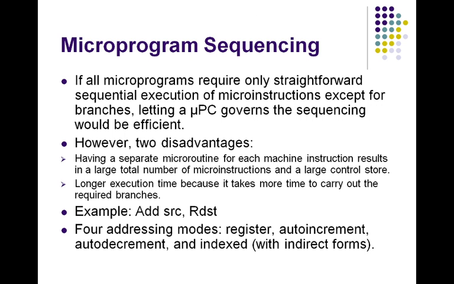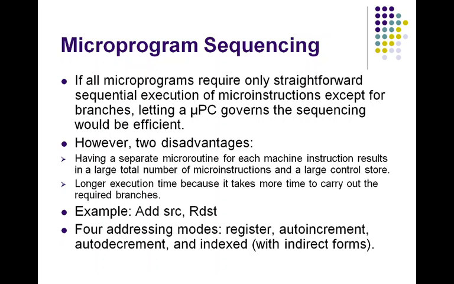Next I will discuss microprogram sequencing. As you know, the simple microprogram example in the previous figures requires only a straightforward sequential execution of microinstructions, except for the branch at the end of the fetch phase, instruction fetch, right?